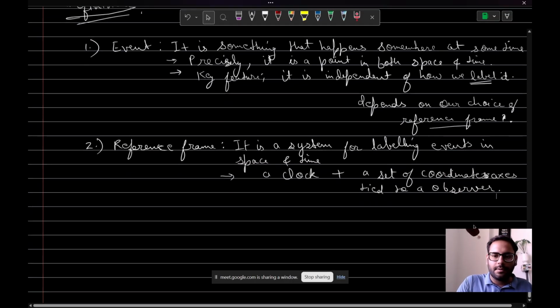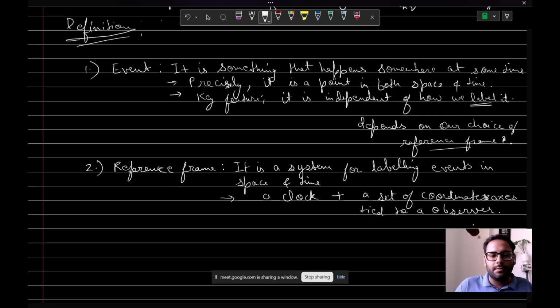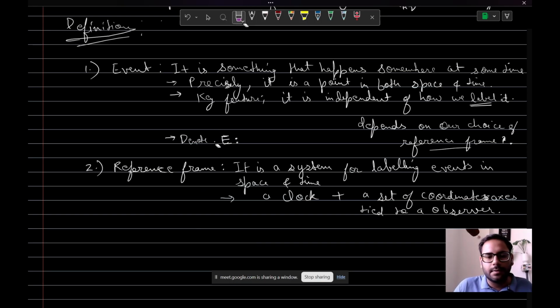One thing I forgot to mention: we can denote an event by E with coordinates t, x, y, z.